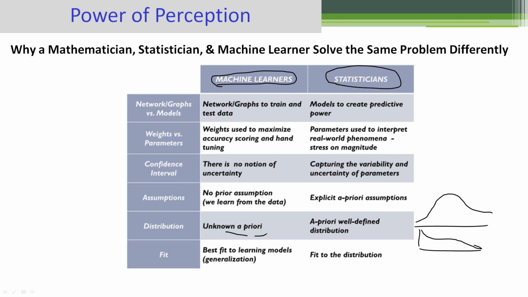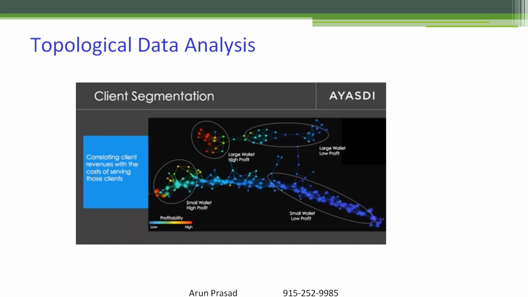But here you don't have any a priori knowledge of that. That's one of the differences between a machine learner and a statistician: making an assumption versus the confidence interval itself. Machine learners have no notion of uncertainty because the machine will learn those uncertainties and gaps itself. But statisticians always want to know what the uncertainties are, what the confidence interval is, and things like that. So that's about it.